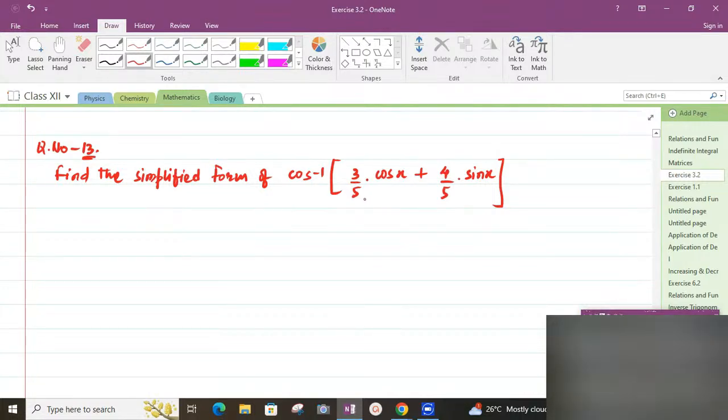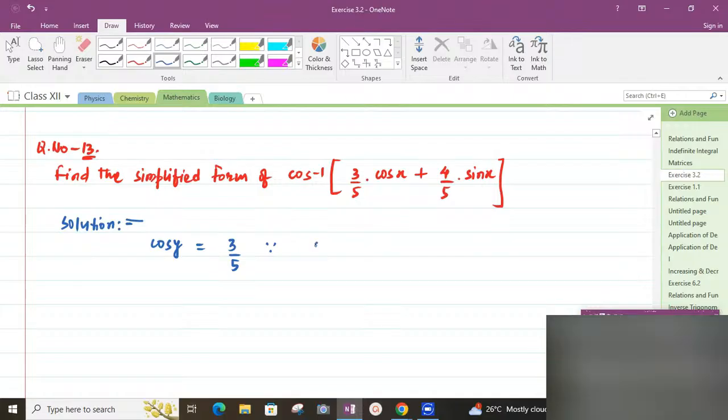So we convert this one into cos A into cos B plus sin A into sin B. So we suppose 3 by 5 equal to cos y. Let's see the solution. Cos y equal to 3 by 5.